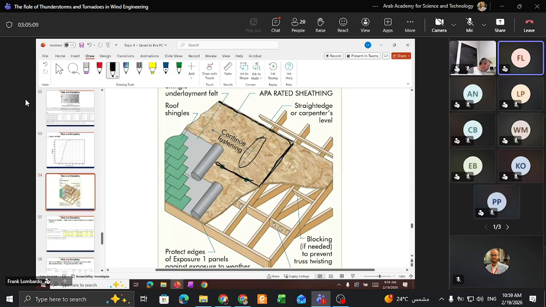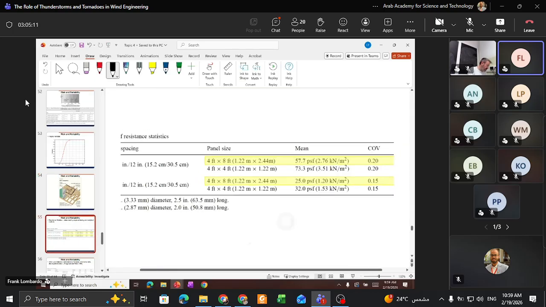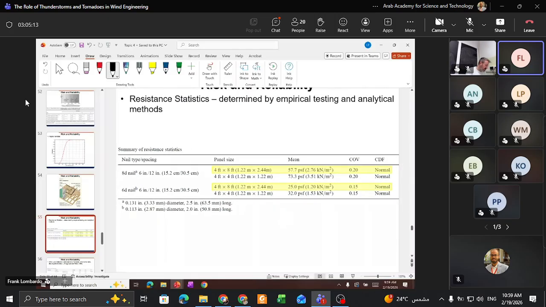A couple things. Statistics. We'll show these tables. Here's an example of why I listed things like the nail size, 8D and 60. What you can see is information on the size of the panel, the nail type, and then the resistance statistics on the far right-hand side.